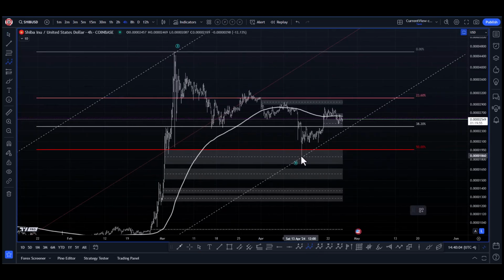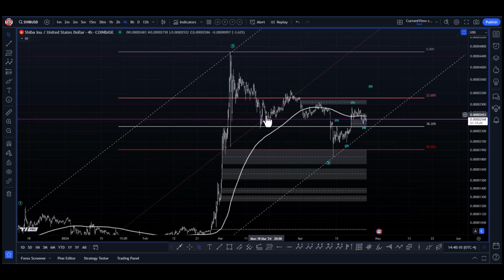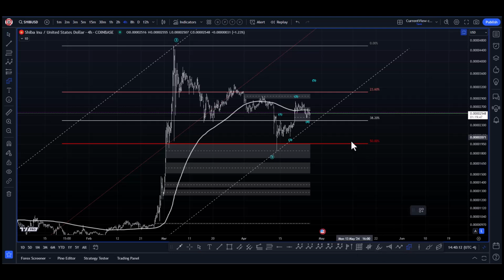Let's label it up. Possible diag potential there. But of course, just as we were looking before, could that be an ABC? If that's what you see there, then that's the target. They're going to sweep that low, and then something else going on. Why do you assume that?